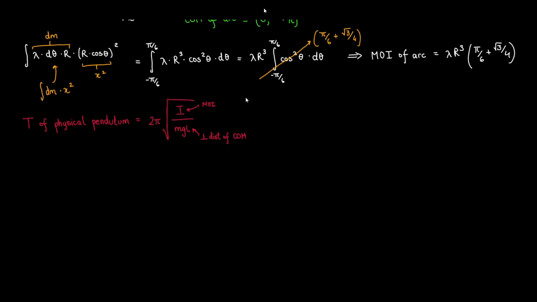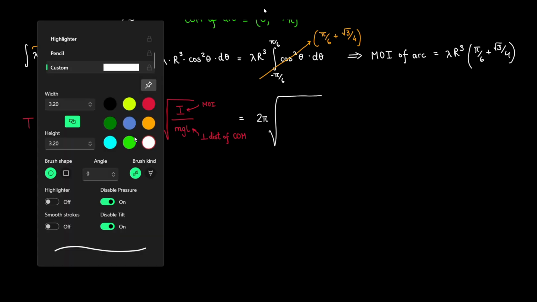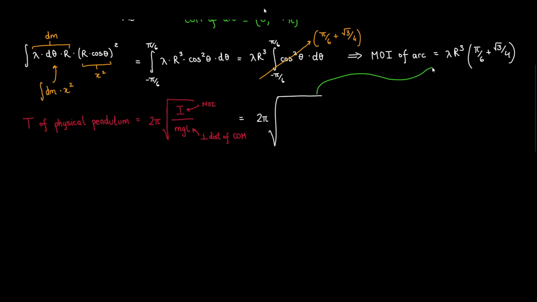So now we will write this as 2 pi into root of, we have the value of moment of inertia from here. So let's put that in. That becomes lambda r cube into pi by 6 plus root 3 by 4 divided by mg into 3r by pi.